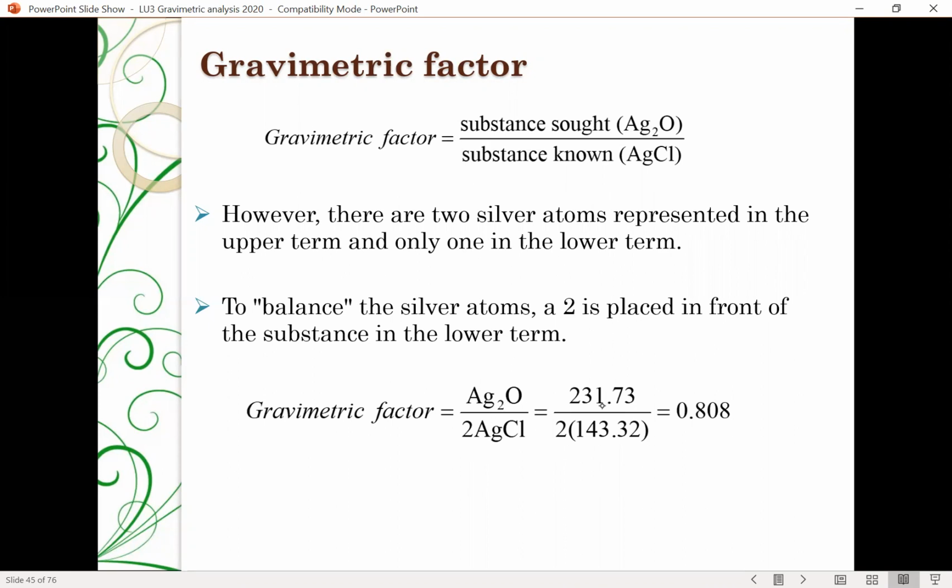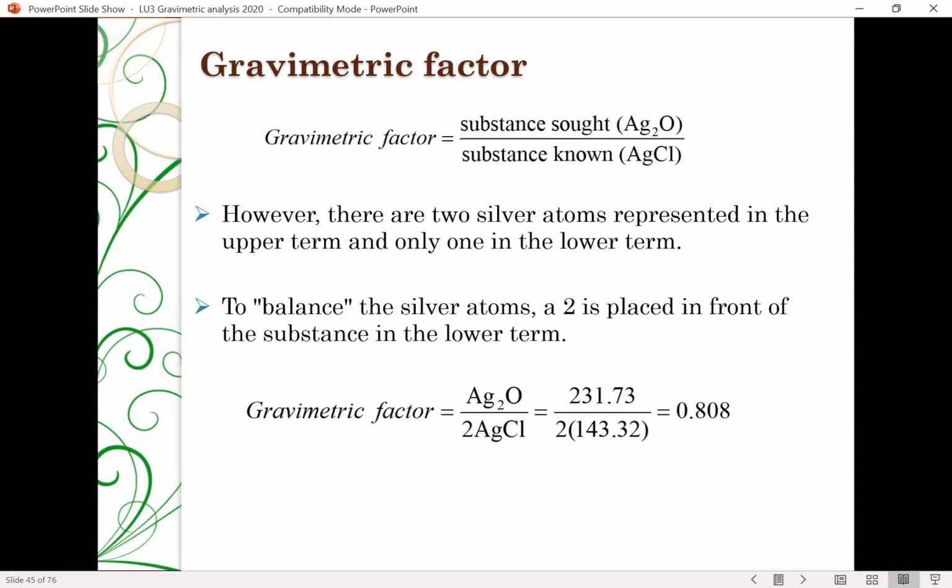This is the formula mass for Ag2O, the substance sought, and at the lower term here, you have the formula mass for AgCl times 2. So this is how we do it if we have an imbalanced number of items at the top and at the bottom of our calculation for the gravimetric factor. So we have here a gravimetric factor of 0.808.